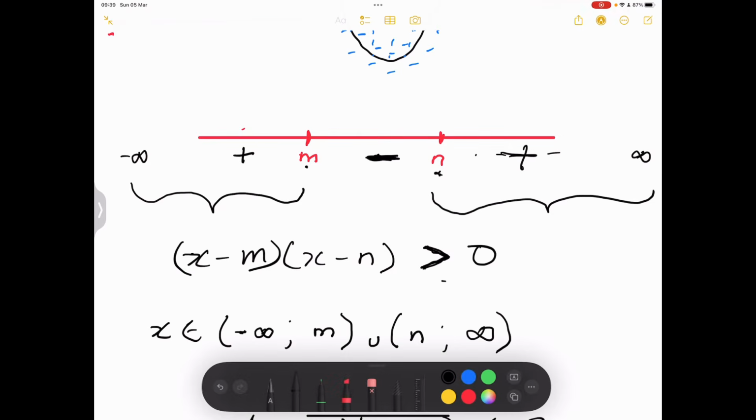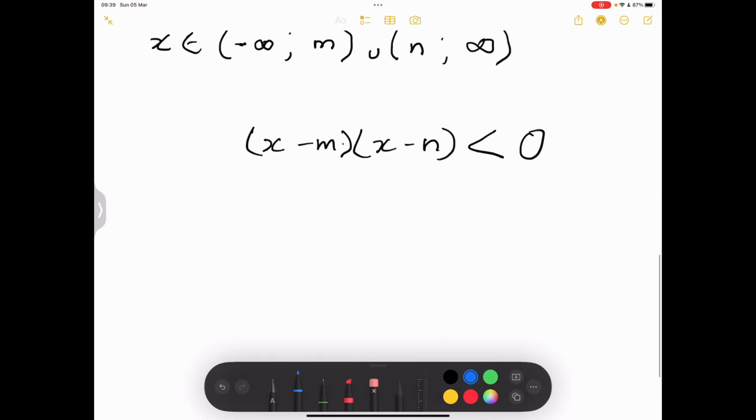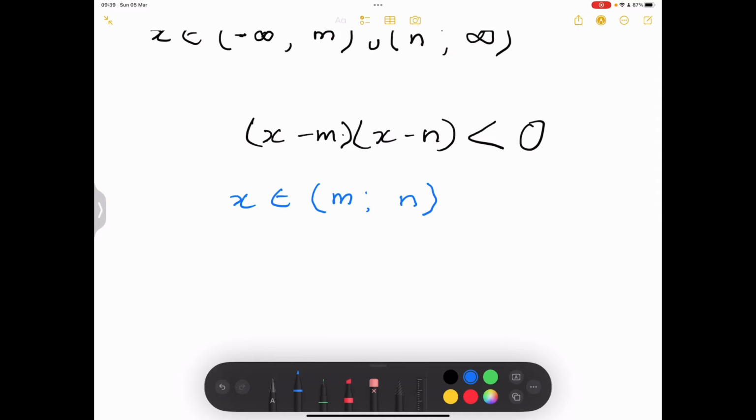That is between the values m and n. So what would be our solution here? It means that x would be an element of m, from m all the way until n, and that we do not exclude because it is simply less than.